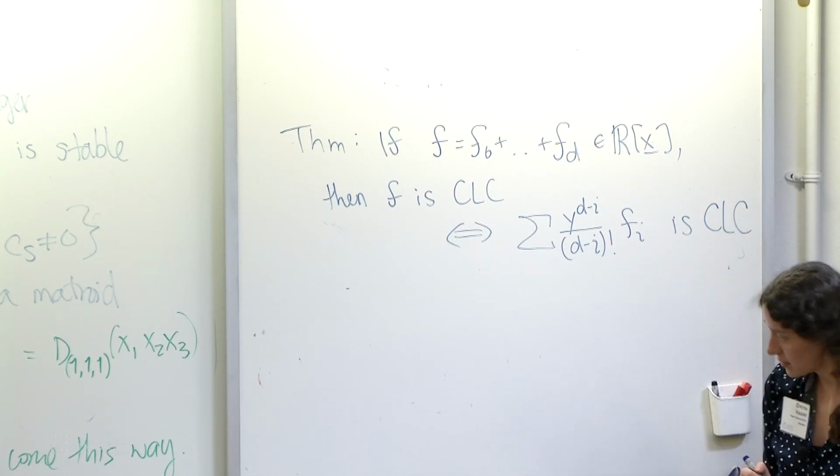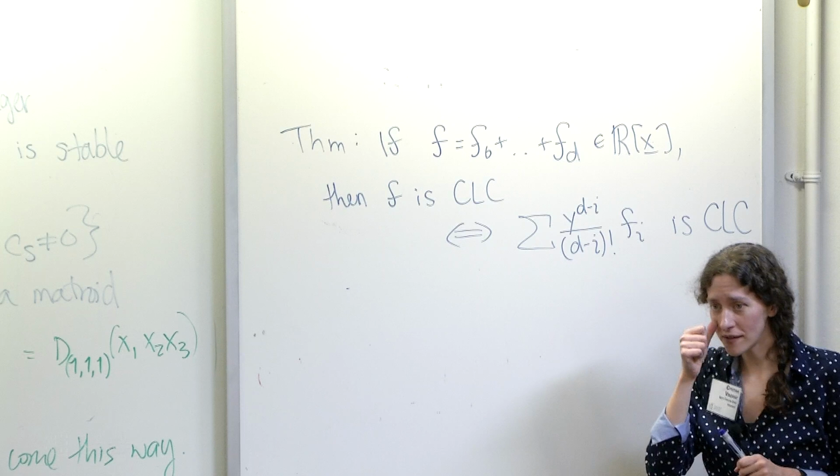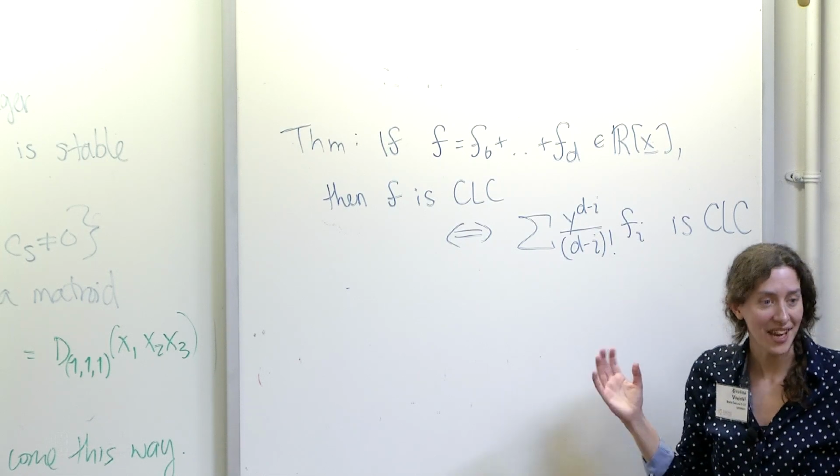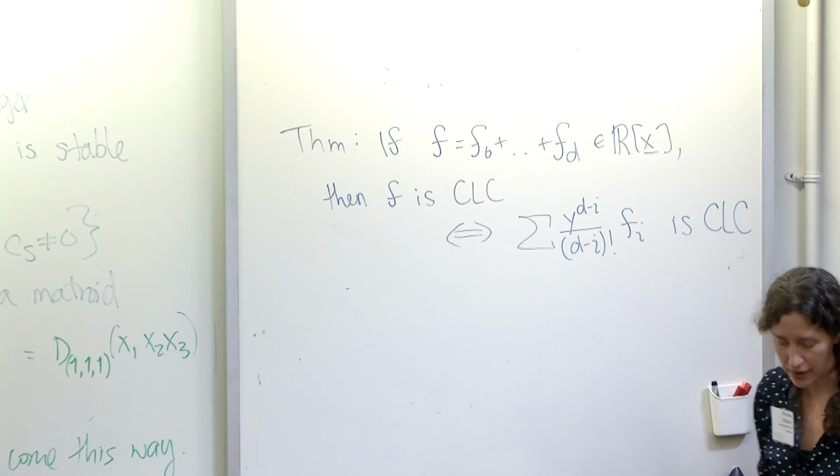So there's also a non-homogeneous version of all of this stuff. I don't think we have any good applications of it, but it's out there and would be interesting to understand better.